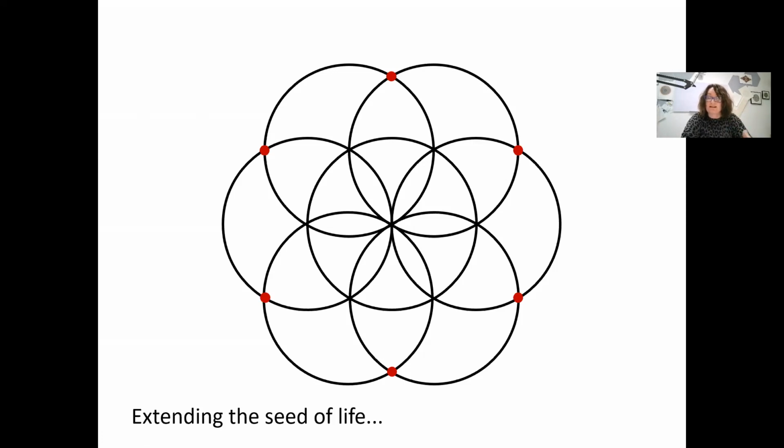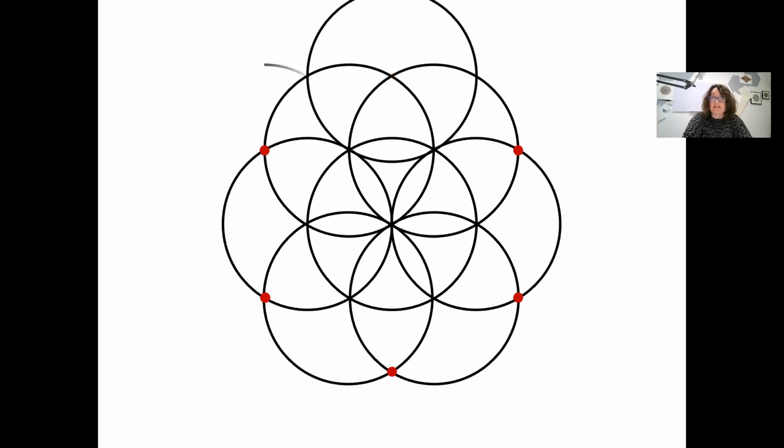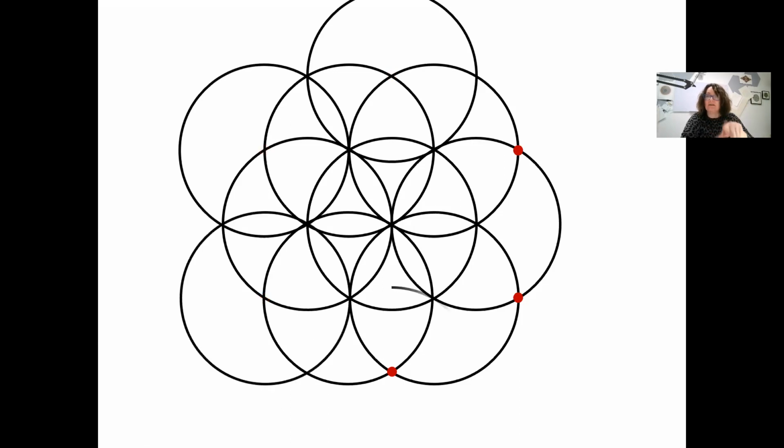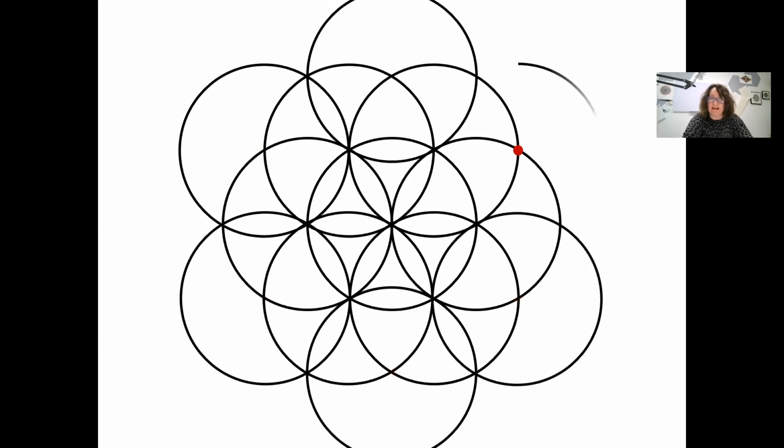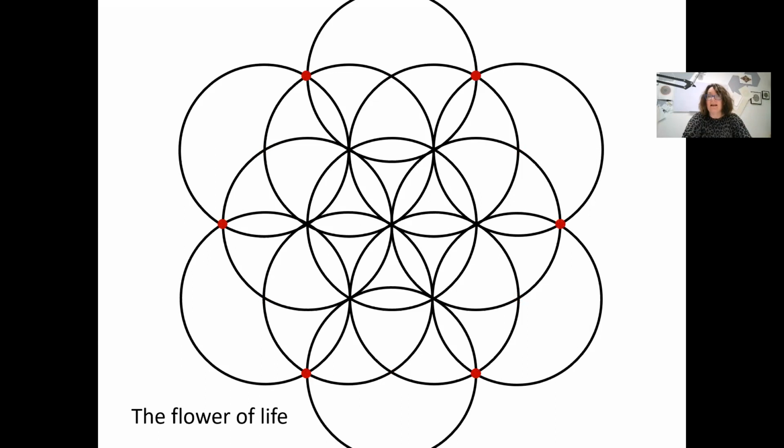And so if we use those red dots as the centres of a new set of 6 circles, the same radius as the ones we've already used, you can see that we start adding more petals to a new set of flowers around the edge of the central flower. We're looking at those central six-fold flowers. And we get a whole new set of intersections. So you can then locate the next set of intersections on the outside of your pattern, and you can keep adding circles, as you can see.